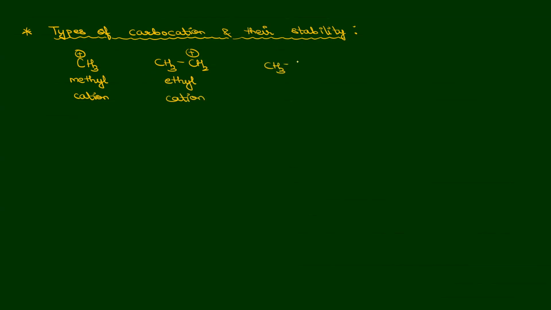Then I have CH3, CH, CH3, which is the isopropyl group with a plus, called the isopropyl cation. And I can have CH3, C, CH3, CH3, which is tert-butyl with a plus and hence called the tert-butyl cation.